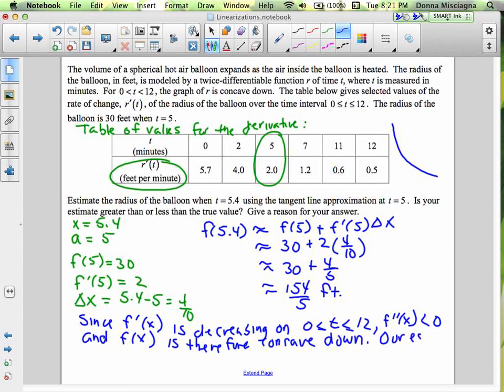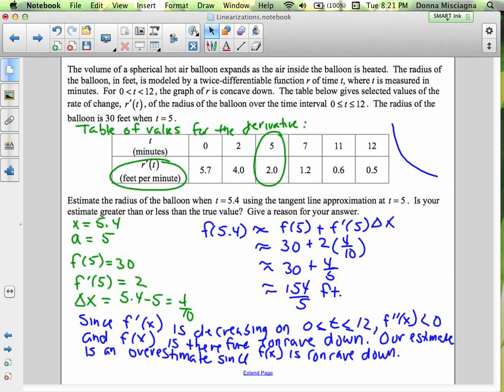Our estimate is an overestimate since f of x is concave down.